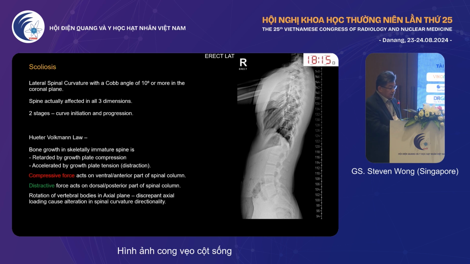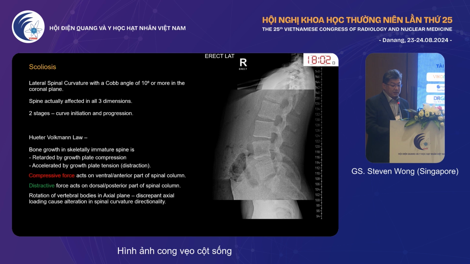The Hueter-Volkmann law states that bone growth in the skeletally immature spine is retarded by compression or accelerated by tension or distraction. Compression force acts at the anterior aspect of the spine, and distractive force acts at the posterior aspect of the spine.